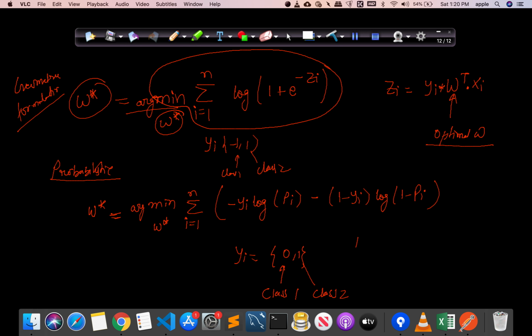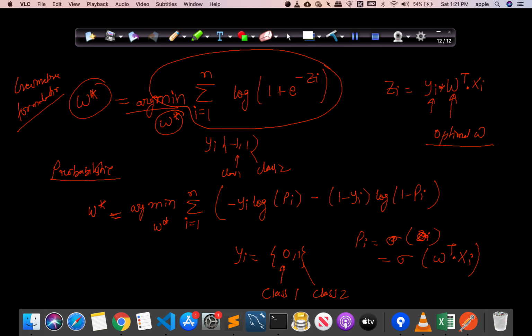And what is pi? Pi is simply sigmoid of zi. Because yi is 1 or minus 1, keeping it inside or outside will not make any difference, because anyway we are multiplying with it. To remove the confusion, don't write zi here, just make it sigmoid of w transpose xi.